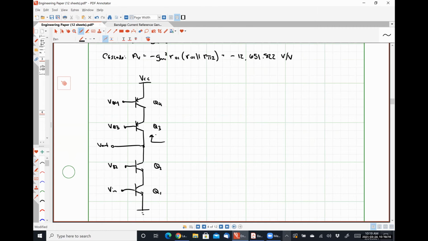So looking up this way, again, we would have R out P, down this way, R out N, and we would see that our voltage gain AV is going to be approximately equal to negative GM1 times R out N in parallel with R out P, which is going to be negative GM1 times GM2 R0 1 parallel R0 1 and parallel with R pi 2.